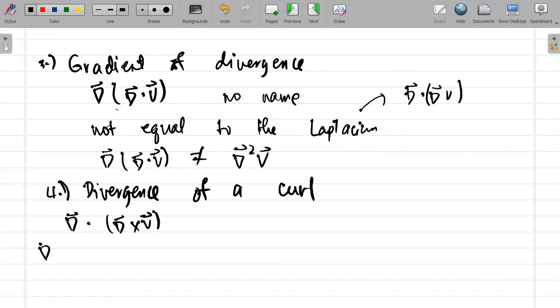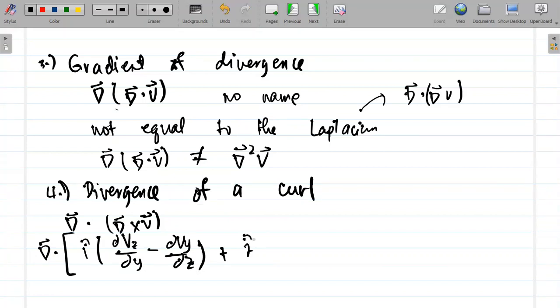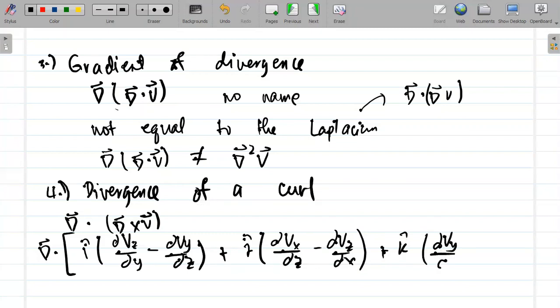Yung del cross V natin, from the earlier calculations, meron tayong i hat partial Vz partial y minus partial Vy partial z plus j hat partial Vx partial z minus partial Vz partial x plus k hat partial Vy partial x minus partial Vx partial y. Balikan nyo na lang yung del cross V natin kanina.